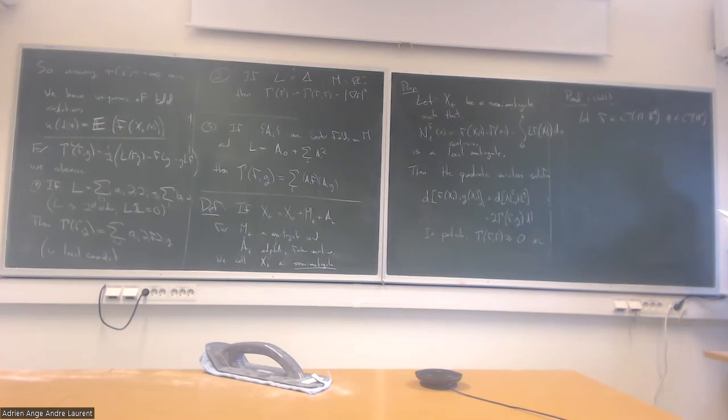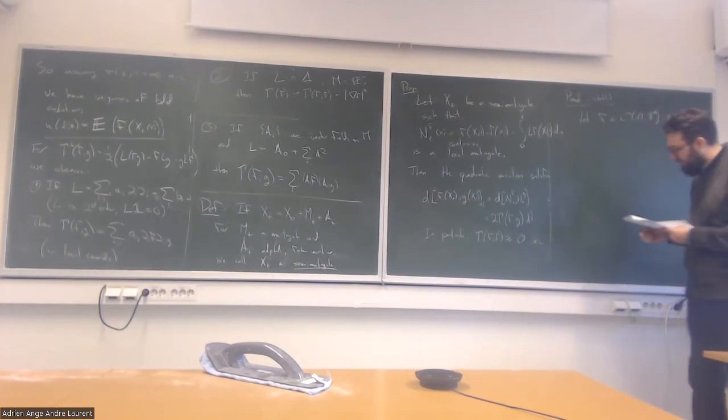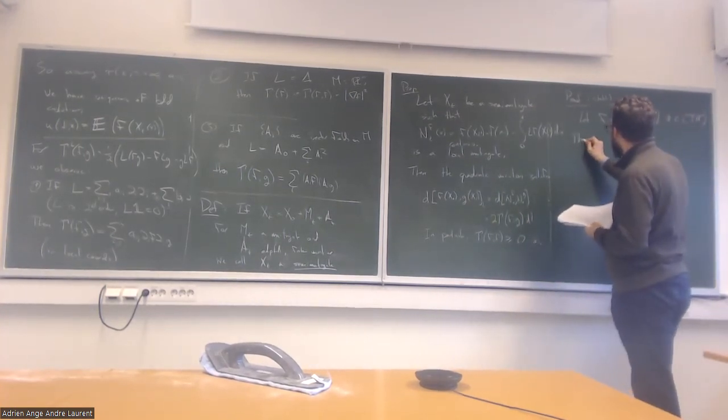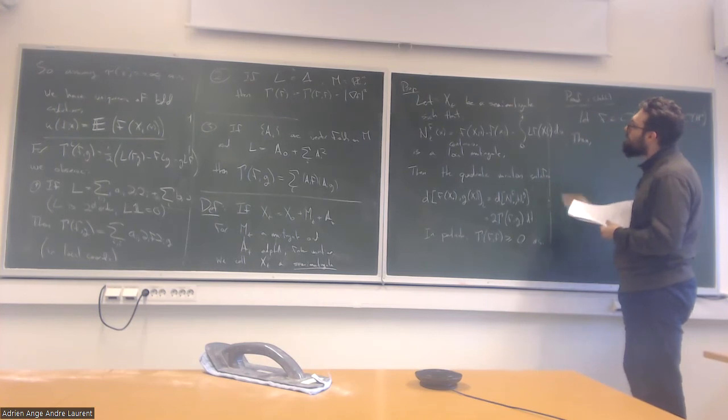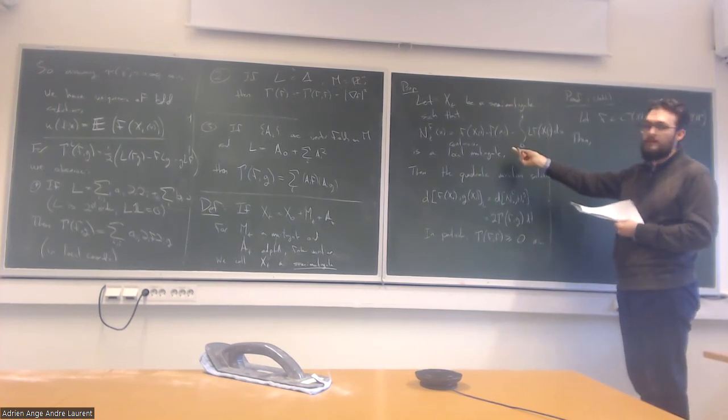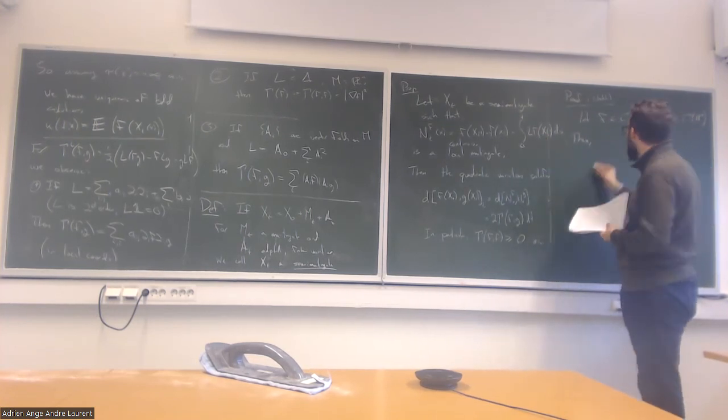So what we're going to do now is write out the stochastic process associated with this on the level of differentials and apply Ito's formula. We know X_t is a semimartingale that satisfies this, right?